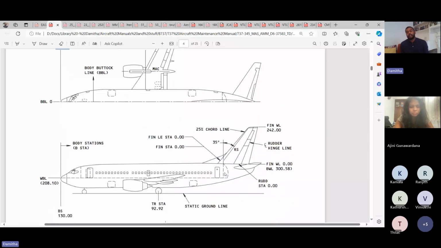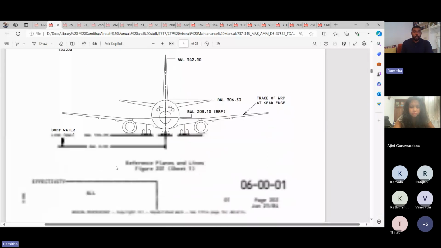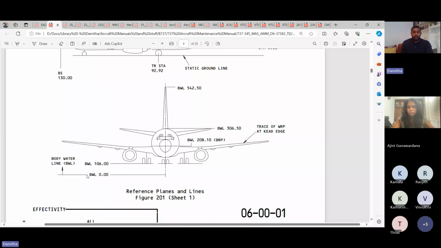Let's take a Cartesian plane, an XY axis plane. You define a point by giving the XY coordinates. It is exactly what we are doing on an aircraft. The X coordinate is defined by the BS value, the body station, and the Y coordinate is defined by the BL value, the body line.